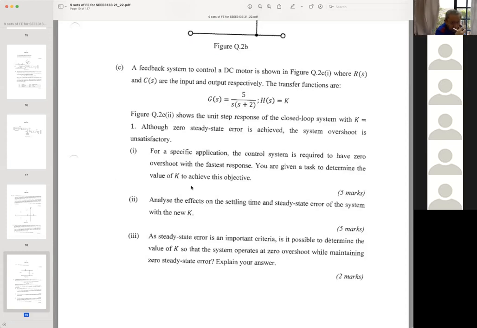For a specific application, the control system is required to have zero overshoot with the fastest response. You are given a task to determine the value of K to achieve this objective. Number 2, analyze the effects on the settling time and steady-state error of the system with the new K. And number 3, steady-state error is an important criterion. Is it possible to determine the value of K so that the system operates at zero overshoot while maintaining zero steady-state error? Explain your answer.